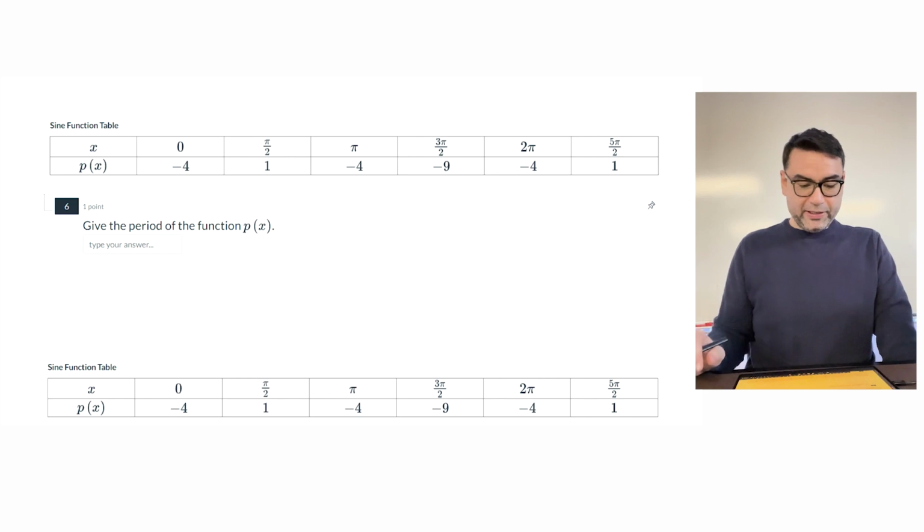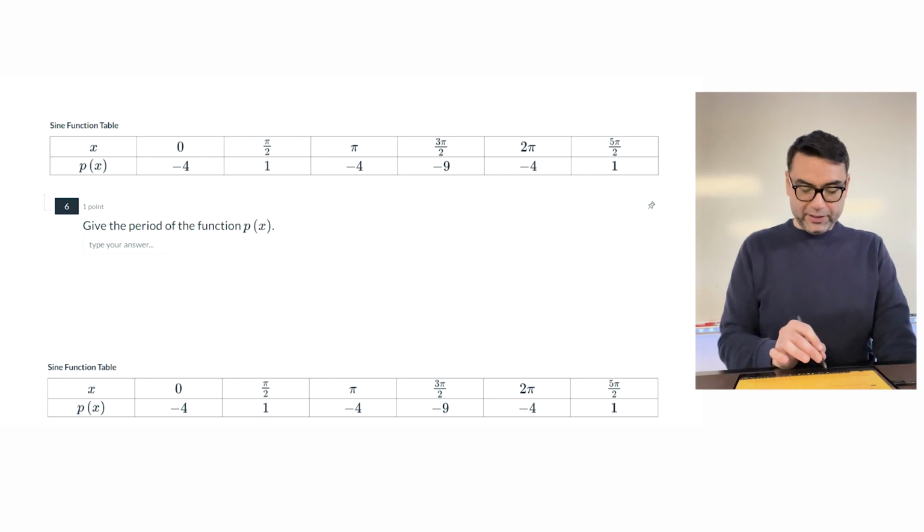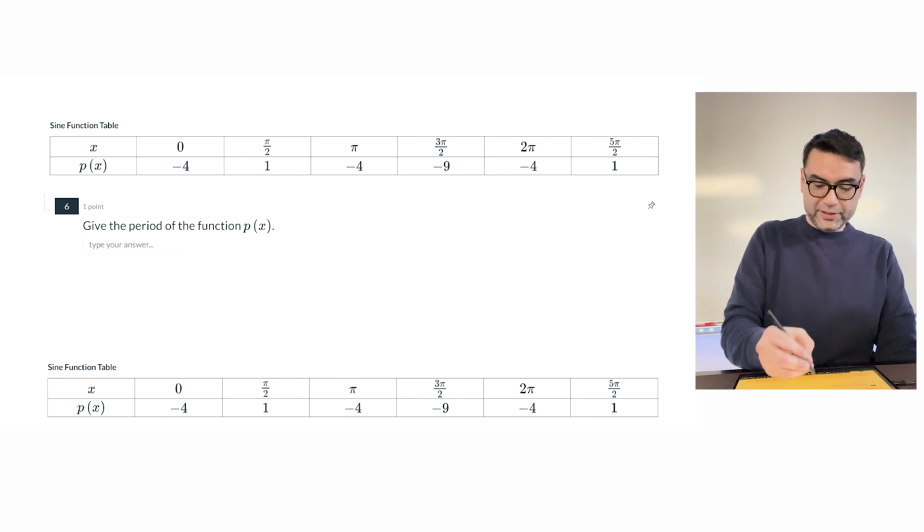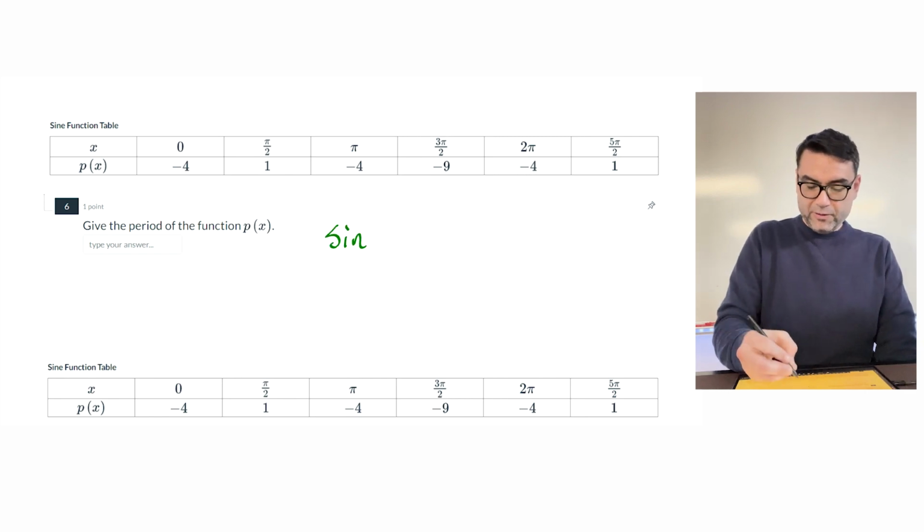All right, number 6, they want us to give the period of the function p of x. So to find period, what you have to notice is if you're dealing with the full cycle of the periodic function. So if you remember with sine, the standard cycle sounds like this. Let me go ahead and write it. So for sine, we're used to this pattern.